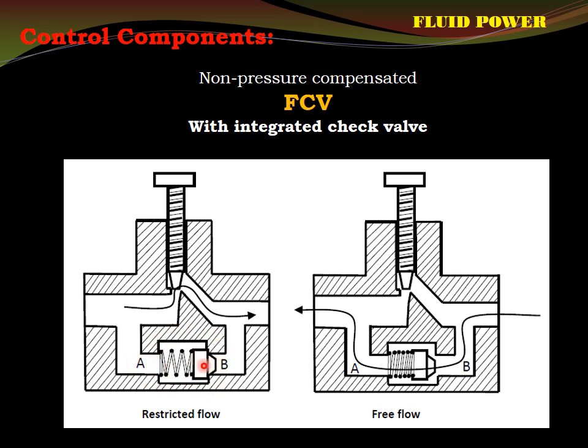As flow enters here, this path will be completely closed, so flow is bound to take this path. But as flow enters here, restriction is provided, but B to A is free flow direction, so definitely there will be free flow from right to left.